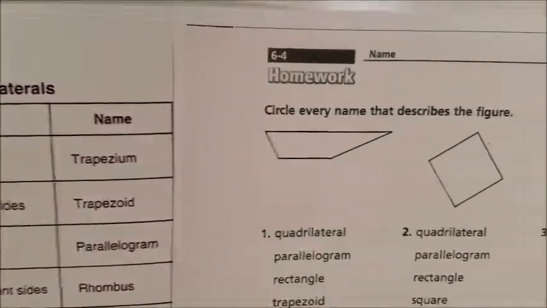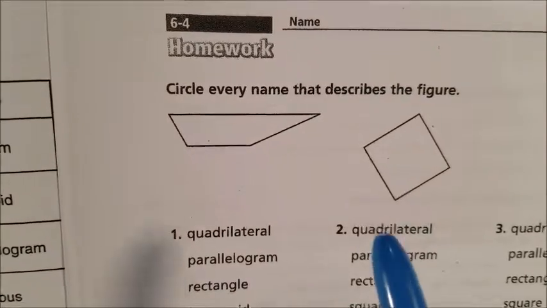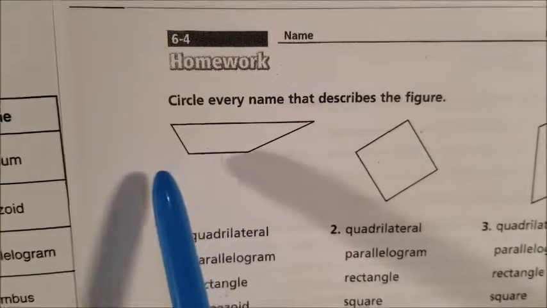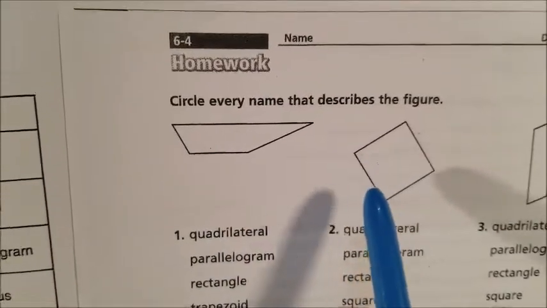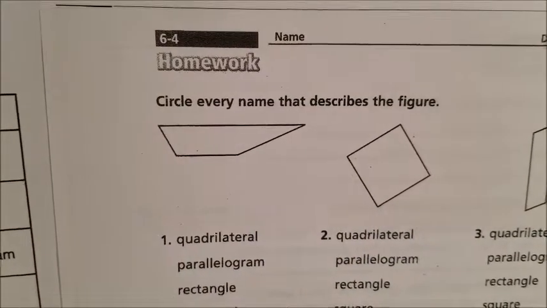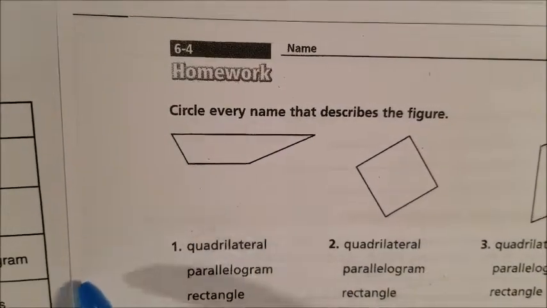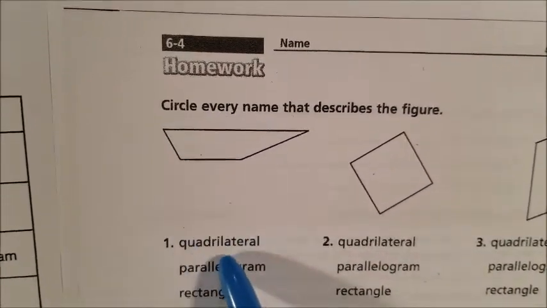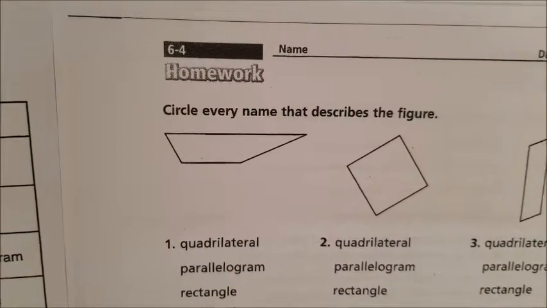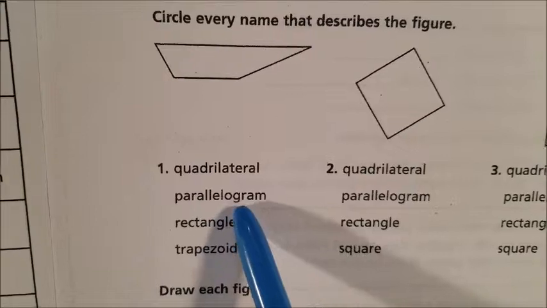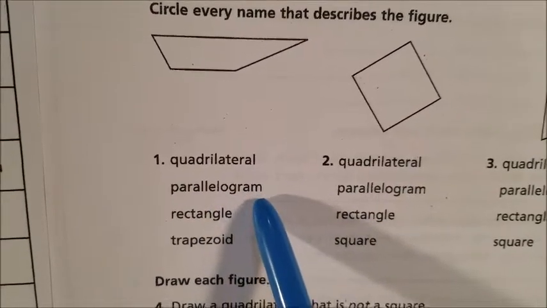If we look at this figure, it has one pair that goes that way and forever. Parallel means that they never cross, but these would eventually cross right here if we extended them. So we cannot circle parallelogram. The opposite sides are not parallel.